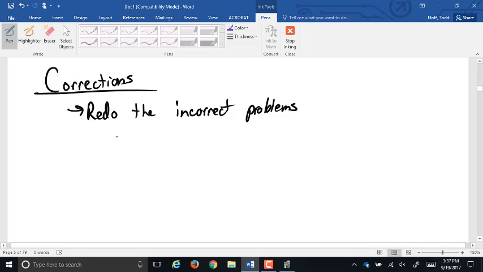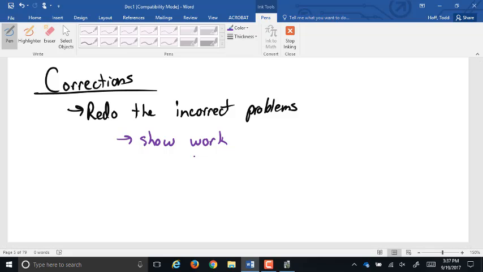When you redo an incorrect problem, on the original test, I don't require you to show work, but on the corrections, you do have to show your work step by step as to how you got the answer. I'm not real picky about it, but I just want to see enough that you know what the process is, that you didn't just look at the answer on somebody else's test and copy it down. You are allowed to work together, though.